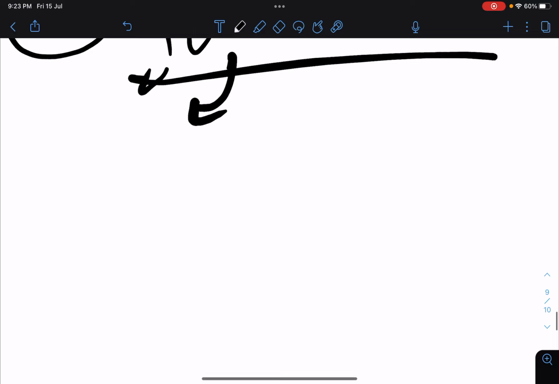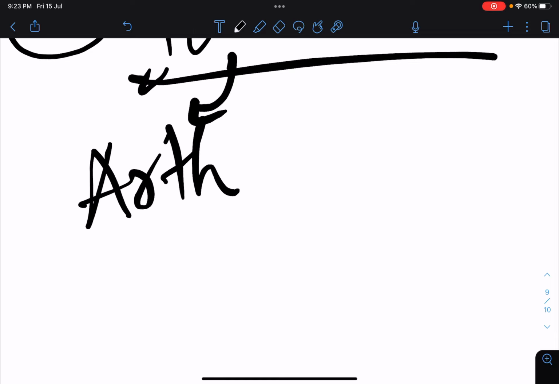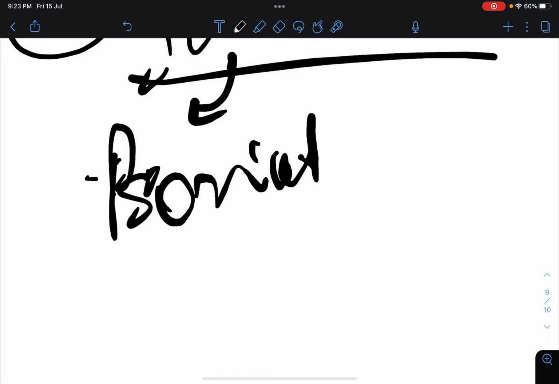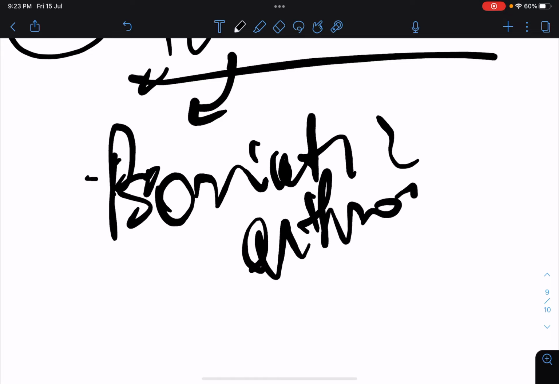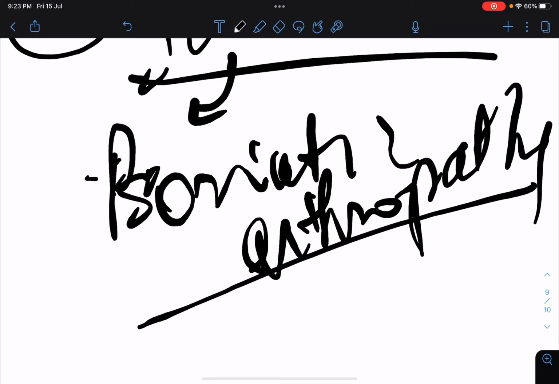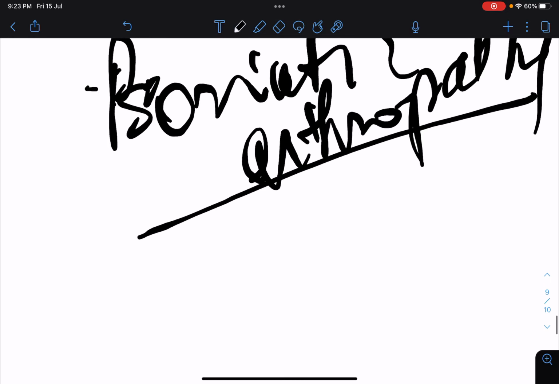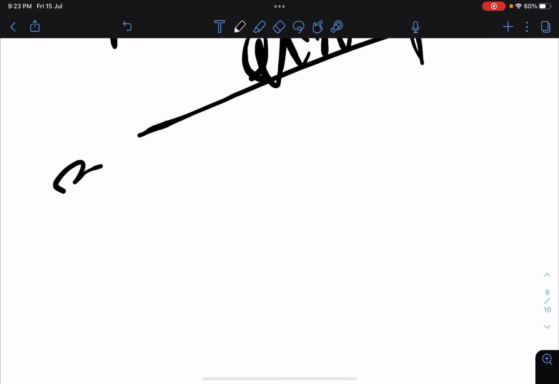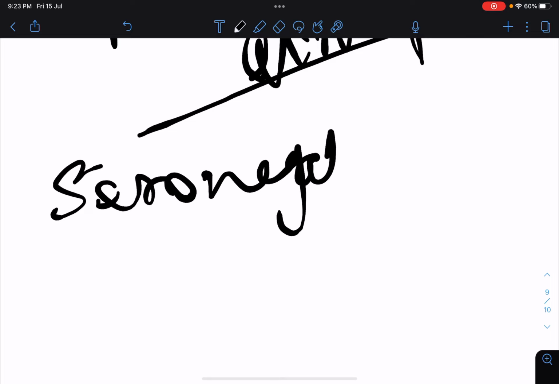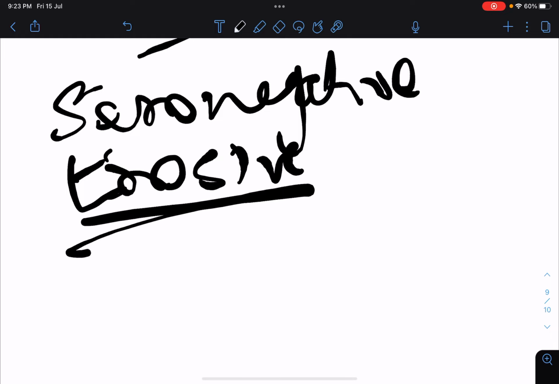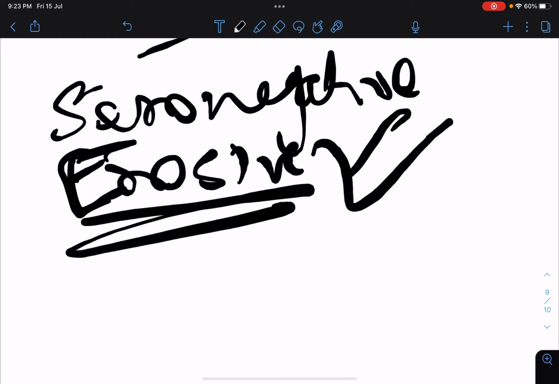What it actually is, is psoriatic arthropathy. This is the right way of writing it. What that basically means is that there is joint involvement. But a very important thing to remember is that it is seronegative, that is rheumatoid factor negative, and it is erosive. So that's something scary as a symptom.